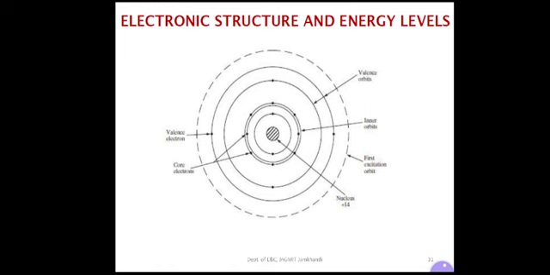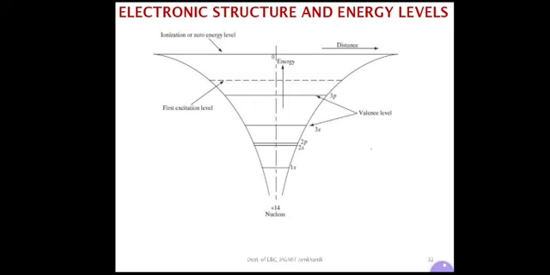So the inner orbit, valence orbit we can see, and we can see the core electrons and valence electrons, how they are distributed. So this is the electronic structure and energy level of a Si atom.